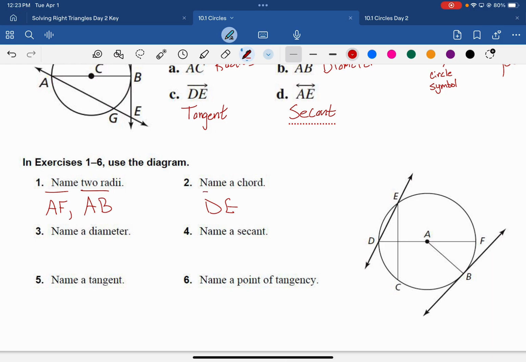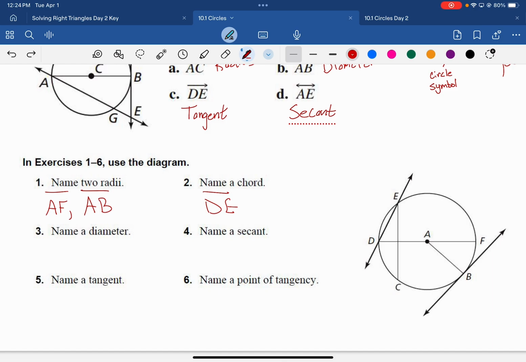So you're saying like this? Is that right? No. It can be right. But what does a chord have to always be? A what? Segment. Okay. So if we take 2 arrows off, I know that DE there, the whole thing is a line. But remember, you can pull out a segment out of a line, right? And you can say just from D to E is a chord, right?